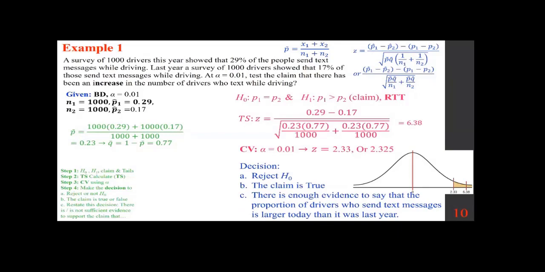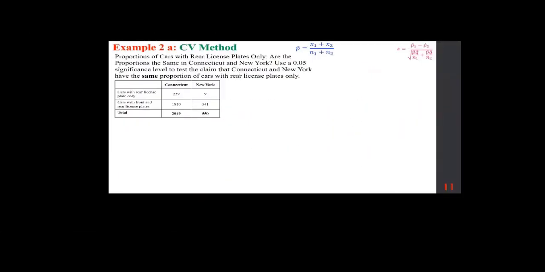So reject H0, therefore the claim becomes true. So there is enough evidence to say that the proportion of drivers who send text messages is larger today than it was last year. CV method is short for critical value method, also known as standard method or traditional method.